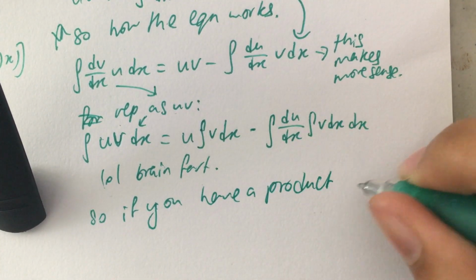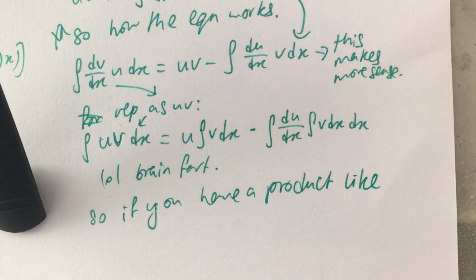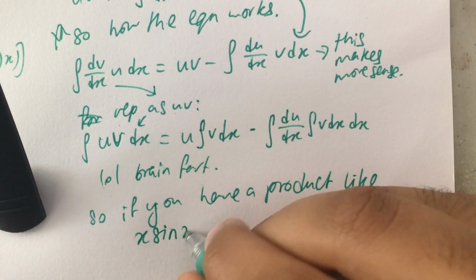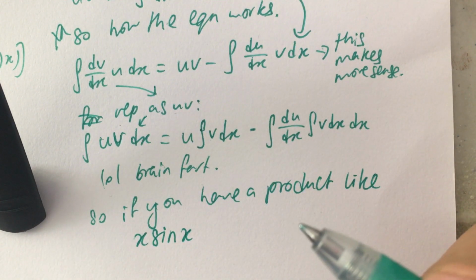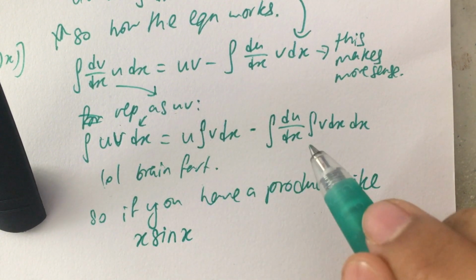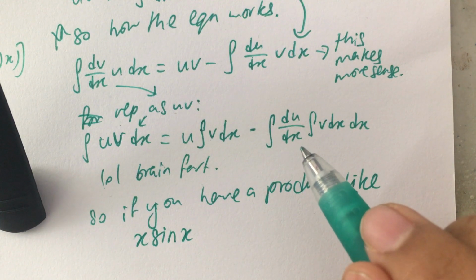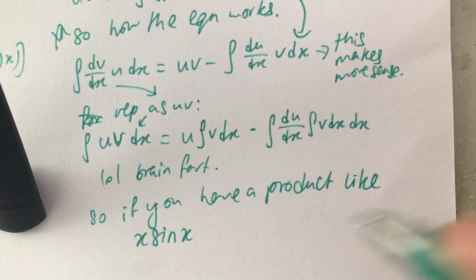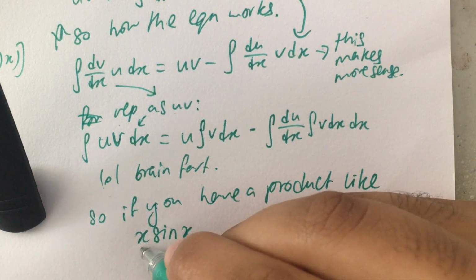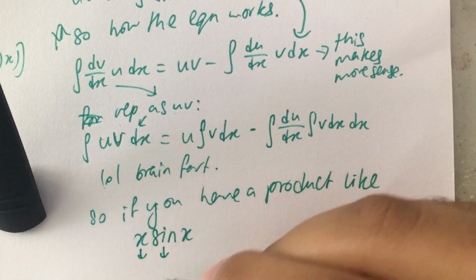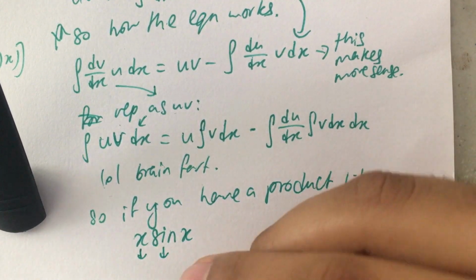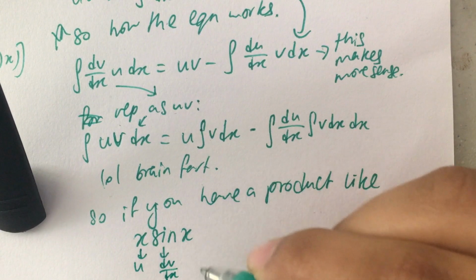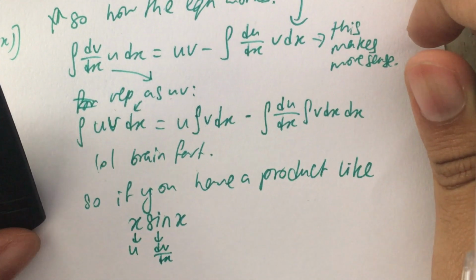So the final thing that you get from this is the integration of uv dx will be your u integration of v minus the integration of u prime integration of v. So what does that become? Yeah, it just becomes a weird mess.